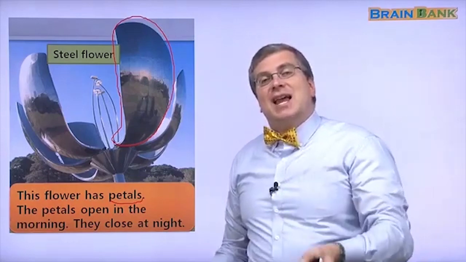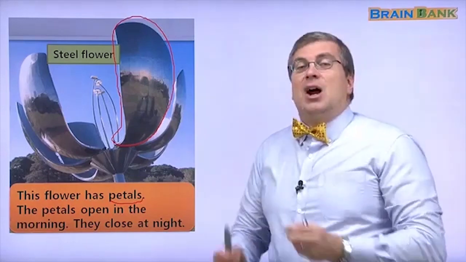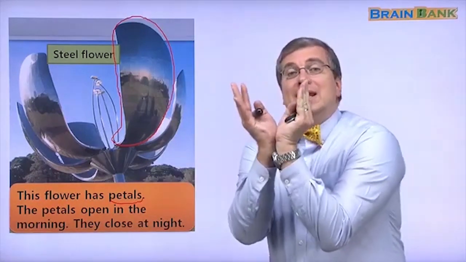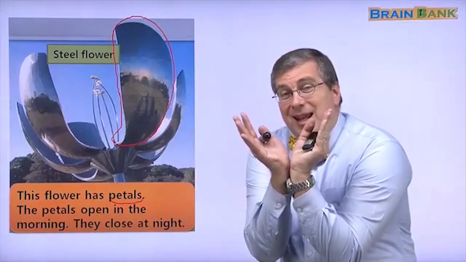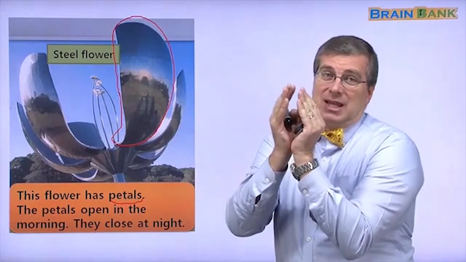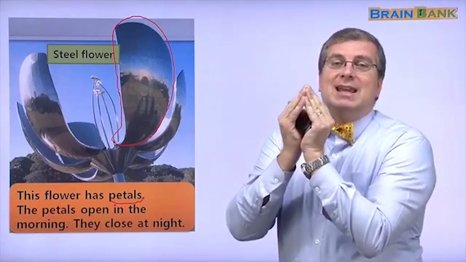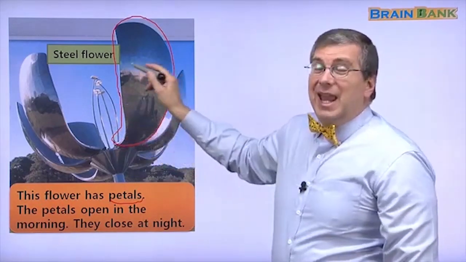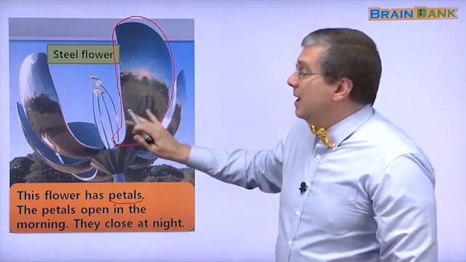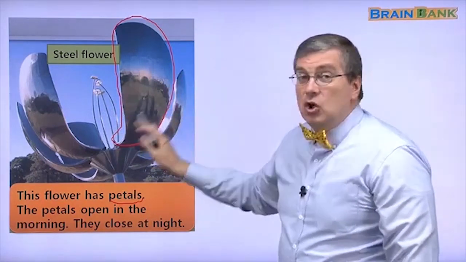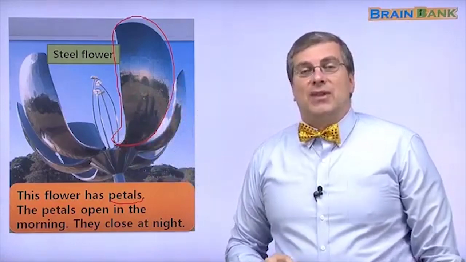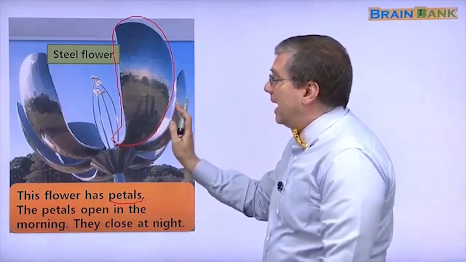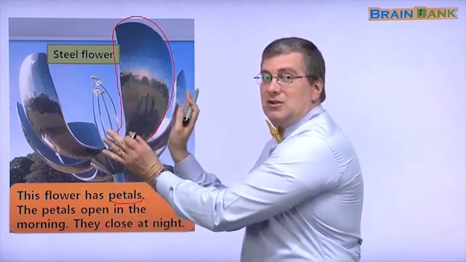It's just like a real flower. A real flower will open its petals in the morning, and at night it goes to sleep. It closes its petals at night. So an artist, a sculptor, made this sculpture of a flower using steel, and it has moving parts.